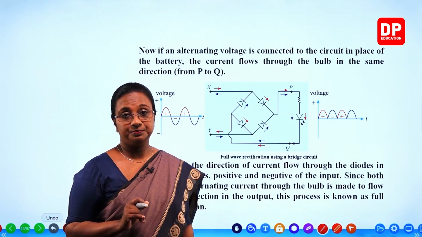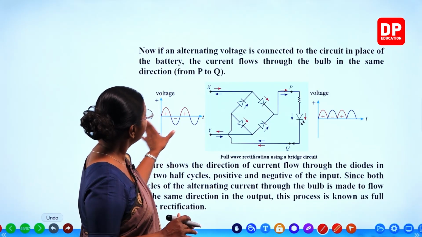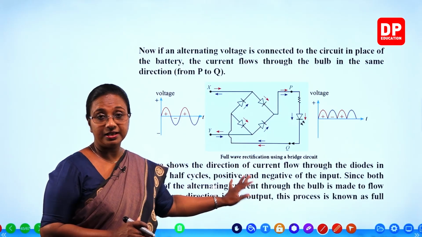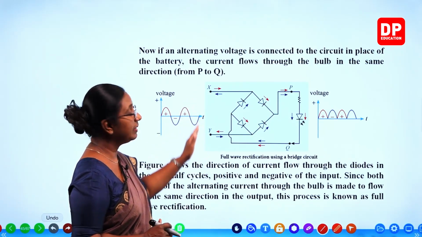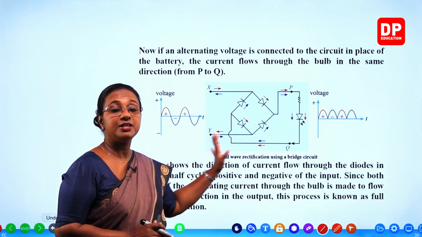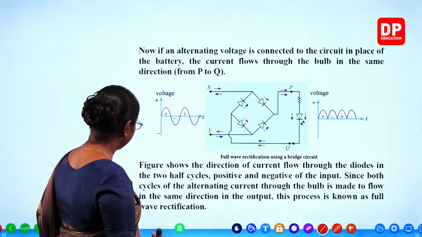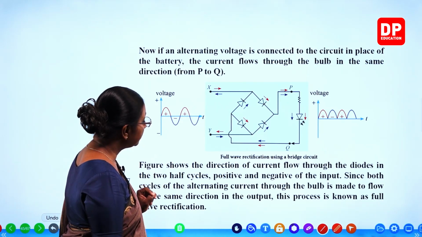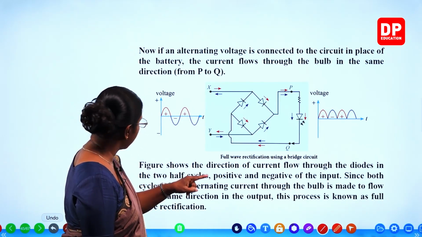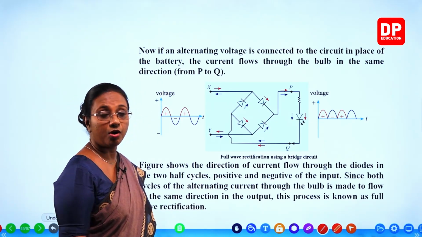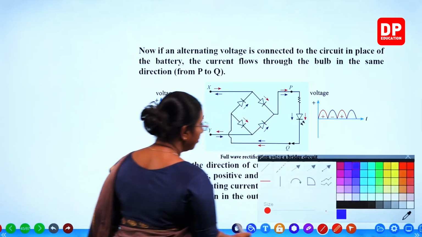Is that clear? So, here both the circuits that we discussed before have been incorporated. Why? Because it's going to be the alternating current that is going to pass through the rectifier bridge. Then, the figure shows the direction of current flow through the diodes in the two half cycles, positive and negative, of the input. So, you have to remember that.